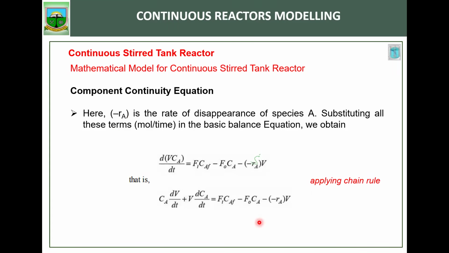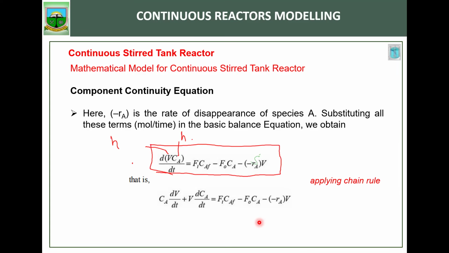This way. Now, in this CSTR, you know that the volume changes with time. If you remember, concentration also changes with respect to the reaction. Because of that, we have to use the chain rule to break this down. When you apply the chain rule, we hold V constant and differentiate the concentration with time, then hold the concentration and differentiate the volume with time.